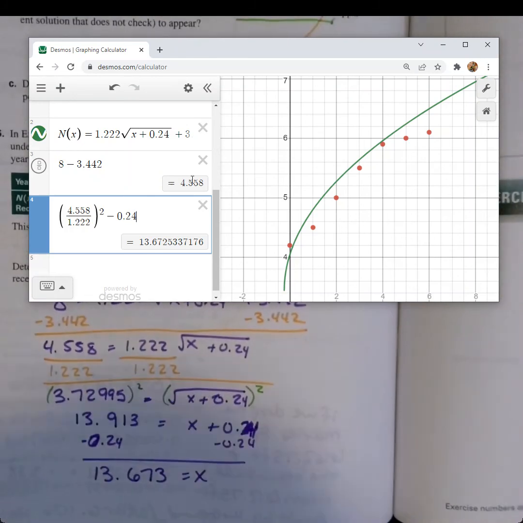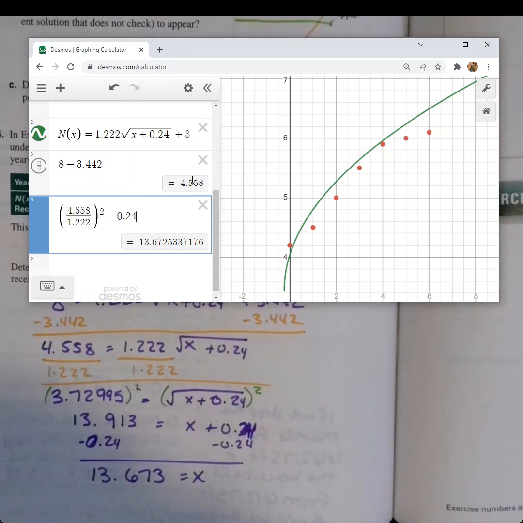Okay, there we go. So it looks like it's going to take about, are these years since anything? Yeah. So it's going to take about 13.6 or about 14 years for there to be 8 million student loans.